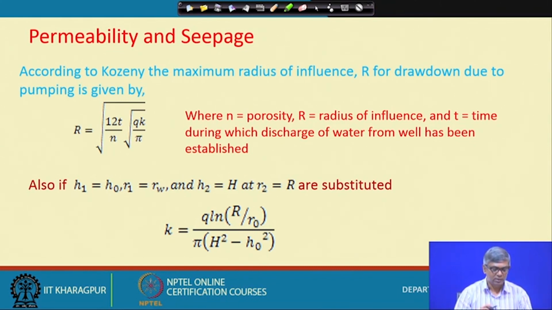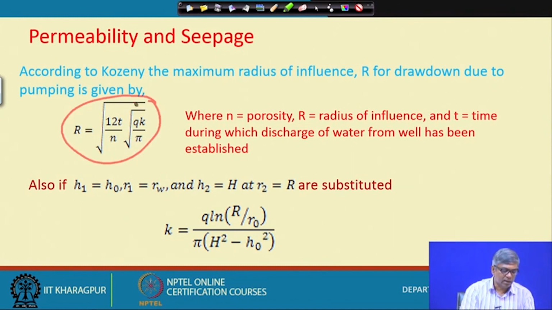For that dewatering work, we do some calculations where we need to find the radius of influence. That radius of influence is given by some authors in this form: R equals the square root of 12 t by n times the square root of q k by pi.